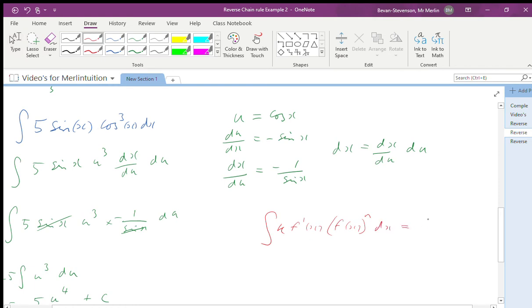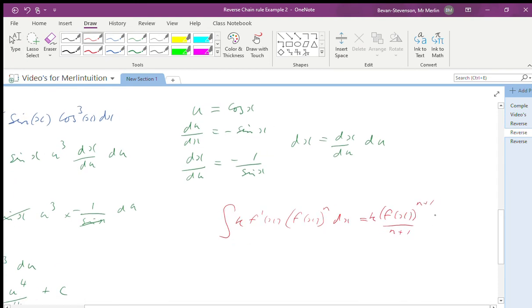And that will always go to 5x to the n plus 1 over n plus 1. We've still got our k in front, plus c.